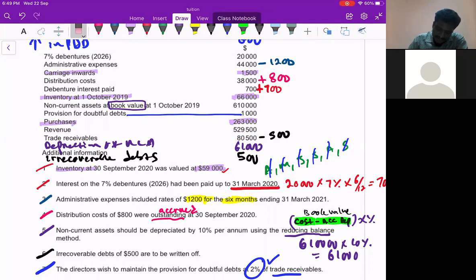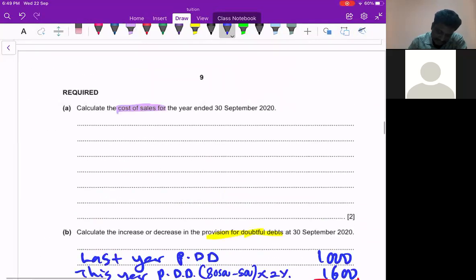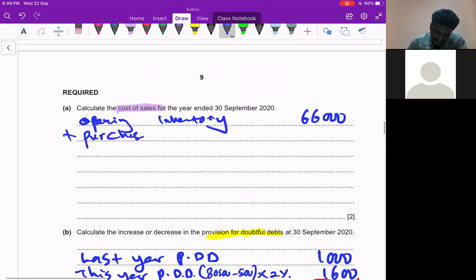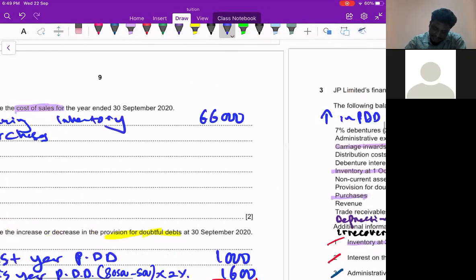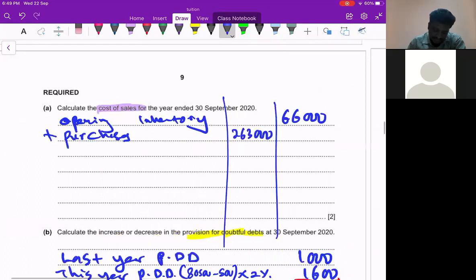Okay, so we start with opening inventory, 66,000. The formula is we start with opening inventory 66,000, plus purchases. My purchases is 263,000. Why do I write in the second line? Because I have a carriage inward, right?